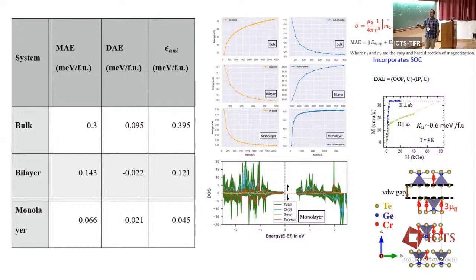And what you find is that the dipole anisotropy actually changes sign as you go from the bulk to bilayer, which means that there is a strong demag factor, a shape anisotropy effect which is coming into the picture, which is actually competing with the magnetocrystalline anisotropy energy, and the total effective anisotropy in the system is going down.